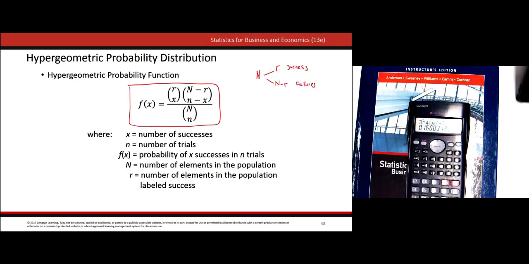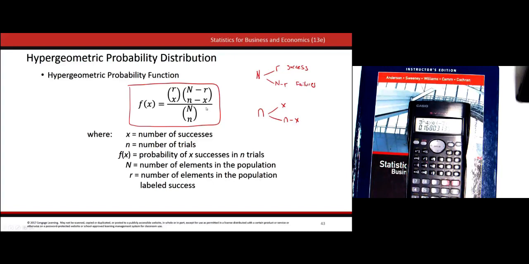Success doesn't necessarily mean a good thing, and failure doesn't necessarily mean a bad thing. And in this sample, if we have x successes, then the other n minus x must be failures. So this gives the number of ways of selecting x successes out of r successes.